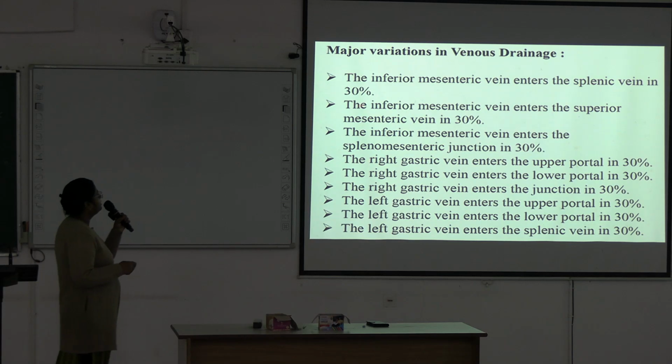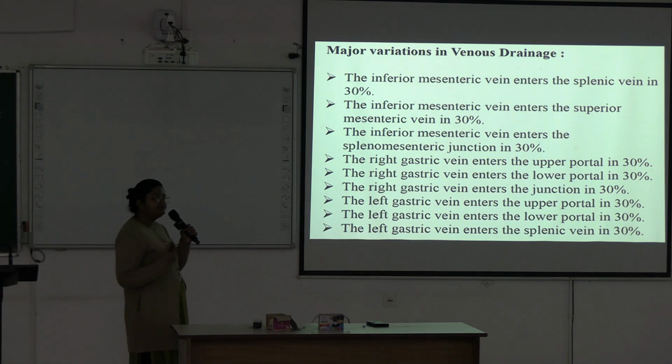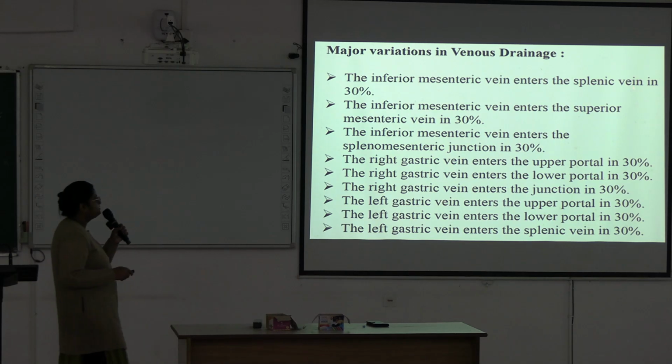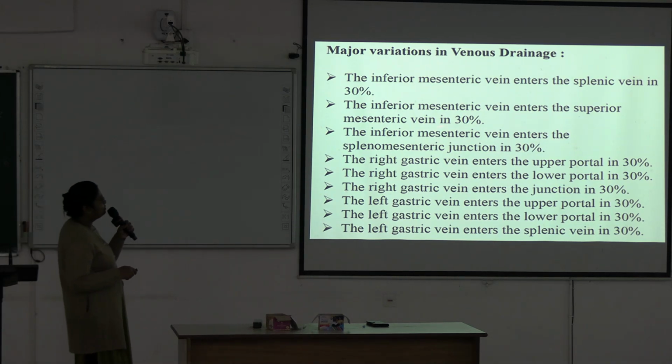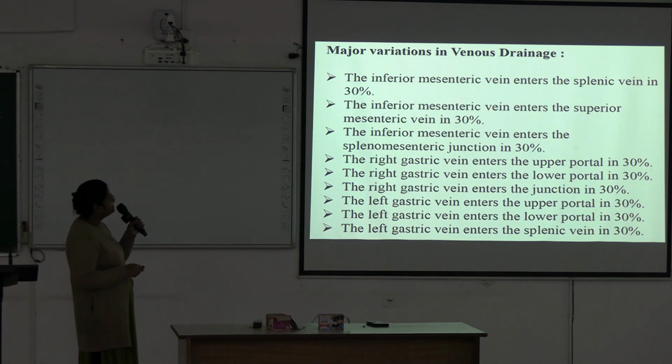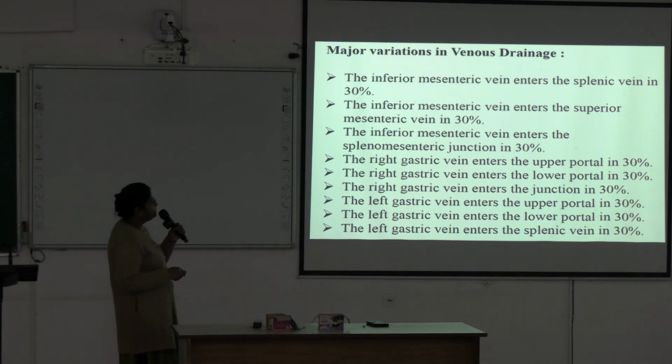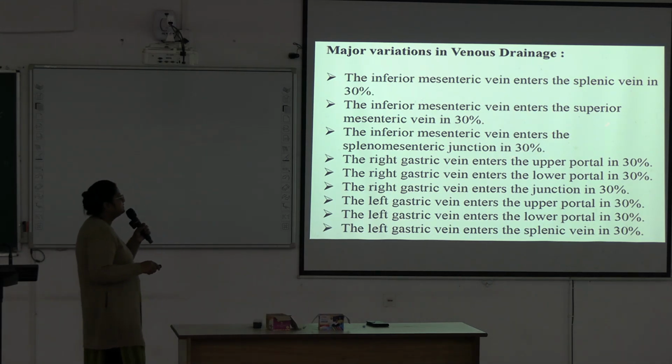Next. So major variations, there is also variation in arterial supply, also variations in venous drainage. So the inferior mesenteric vein enters the splenic vein in 30% of cases, enters the superior mesenteric vein in 30% of cases, and enters the splenomesenteric junction in 30% of cases.